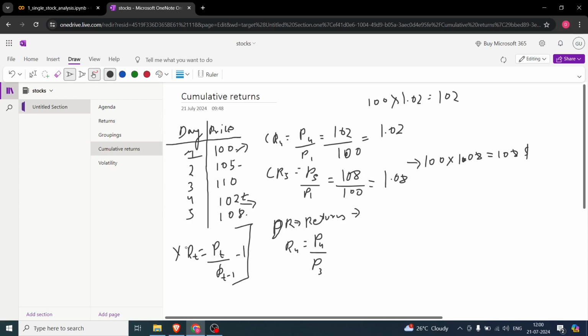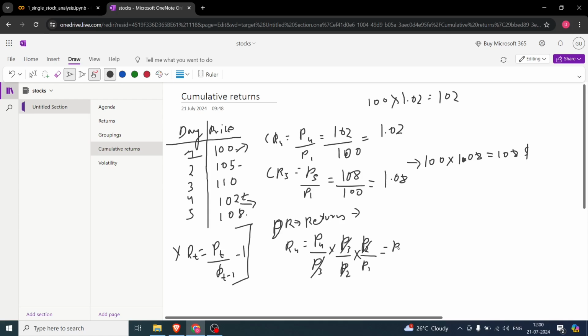But also assume that I sold it on the third day after buying it on the second day. And you can also sell on the second day and buy on the first day. Can't we do that? Because if you do that, P3 gets cancelled, P2 gets cancelled.